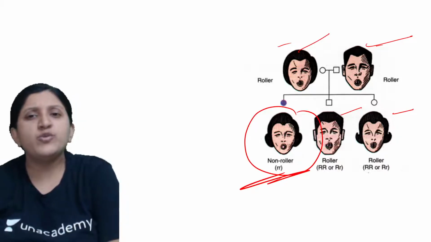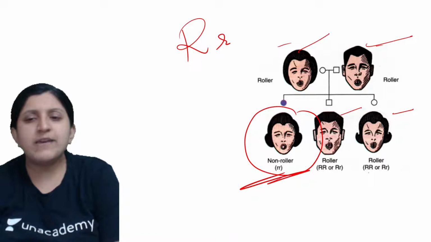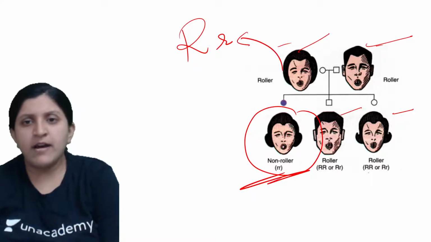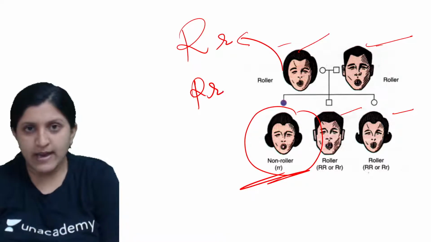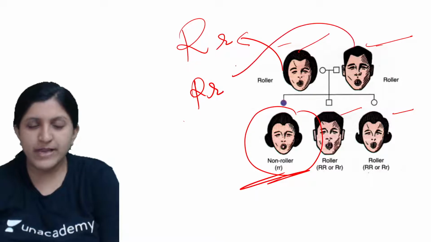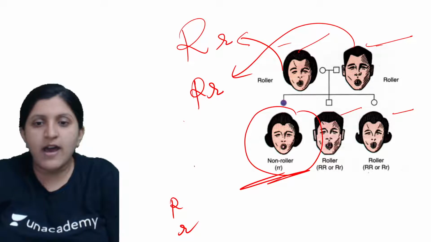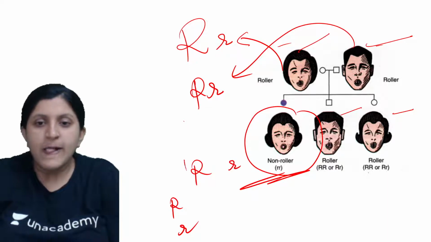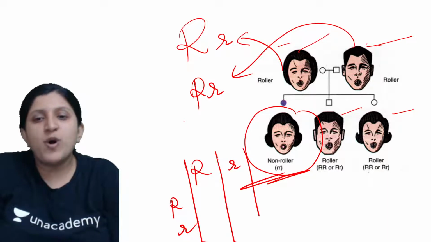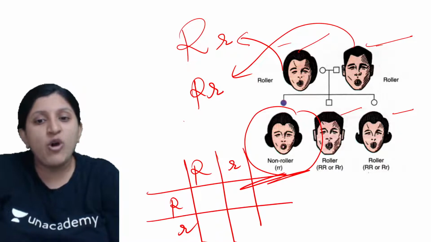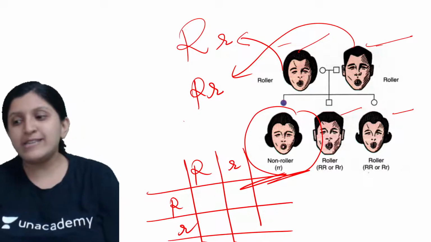So how do we do that? Let's say mother is this Rr, father is also this Rr. So let's put up a Punnett square here. How exactly is it possible for them to have a non-roller when both of the parents are rollers?